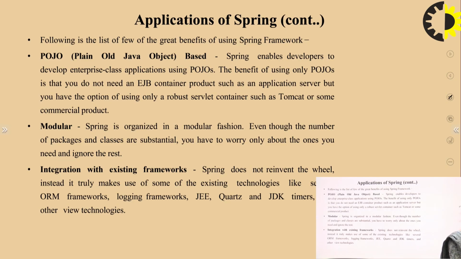The benefit of using only POJOs is that you don't need any EJB container product such as an application server, but you have the option of using only a robust servlet container such as Tomcat or any commercial product. Using modular, Spring is organized in a modular fashion, and even though the number of packages and classes is substantial, you have to worry only about the ones you need and ignore the rest.